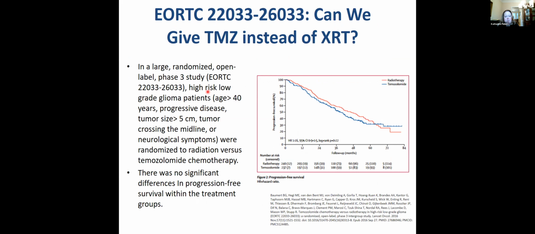This is an early study, the EORTC 22033 study, where they looked at high-risk low-grade glioma patients, and they list the risk categories here. Radiotherapy and temozolomide seem to have the same progression-free survival. There was no significant difference. There may be something happening later on that's splitting here and changing, but only time will tell what these results will be.